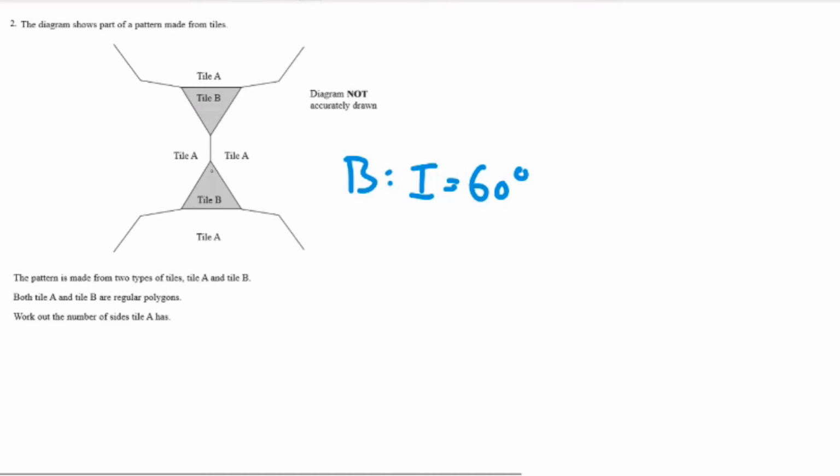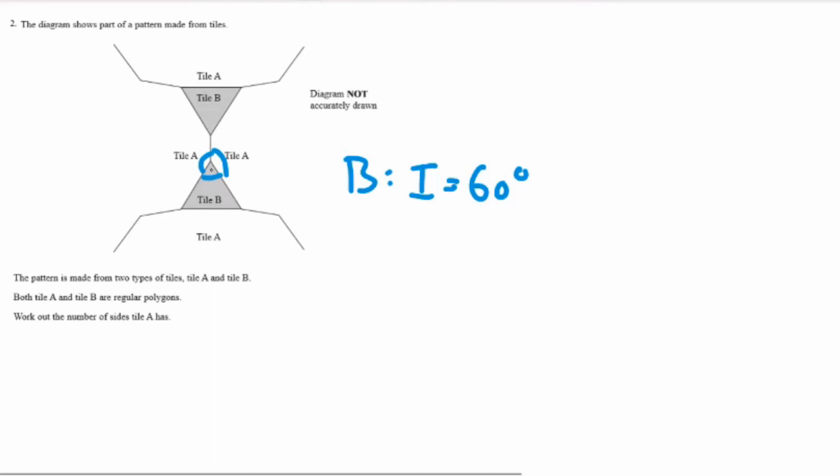We'll then say if we just look here, we have 3 interior angles making up a full circle. To be clear, as you'll often see, this diagram is not drawn accurately. Yes, it looks like these interior angles are all different sizes, but that's just to stop you from using a protractor. They're meant to be all the same within tile A at each of these points. The angles around a single point add up to 360.